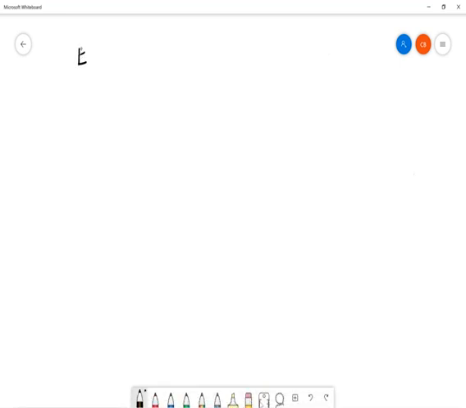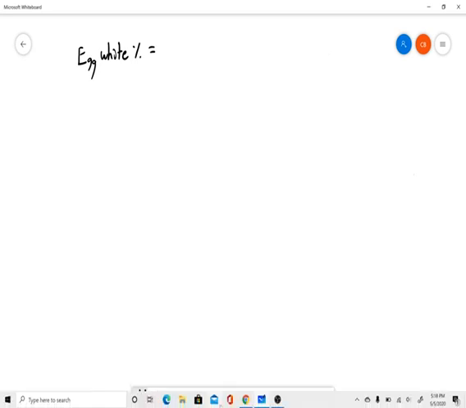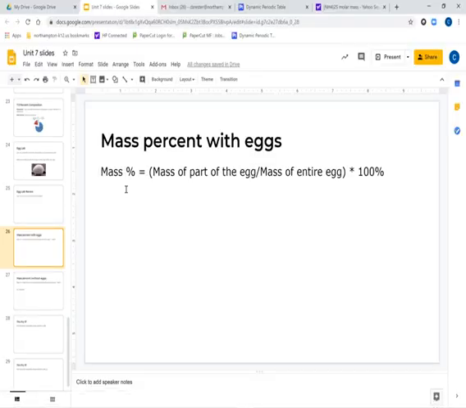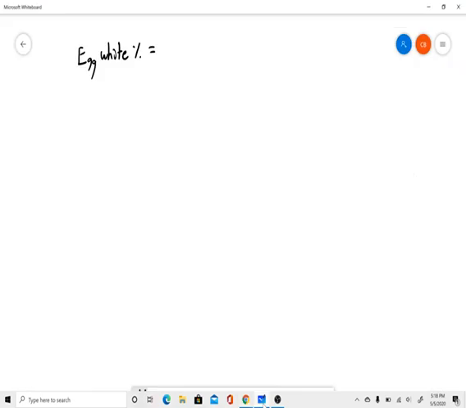Let's say, for example, I had an imaginary egg, and I was concerned with finding the percent of egg white in the egg. The mass percent is equal to the mass of part of the egg, so in this case, the mass of the egg white.